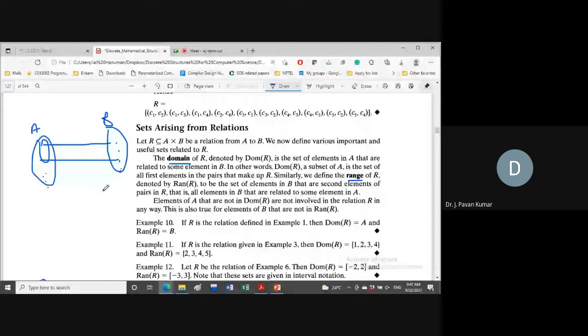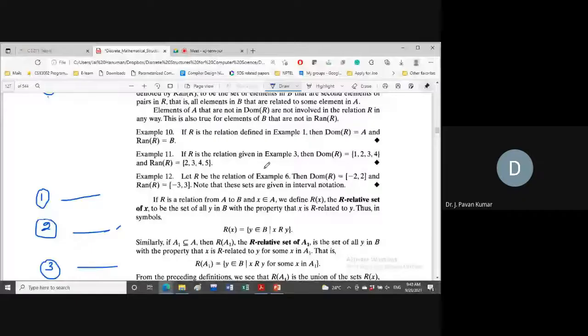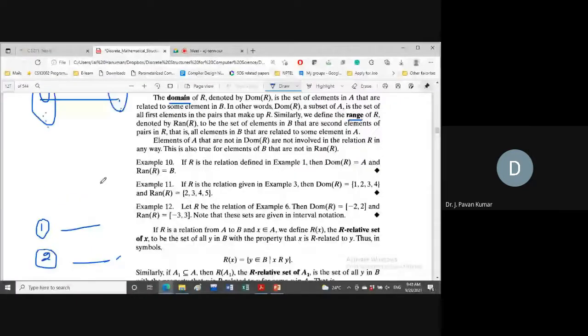I told you to find the difference. There are several examples for range and function which we have seen in the previous class. I don't want to discuss it.